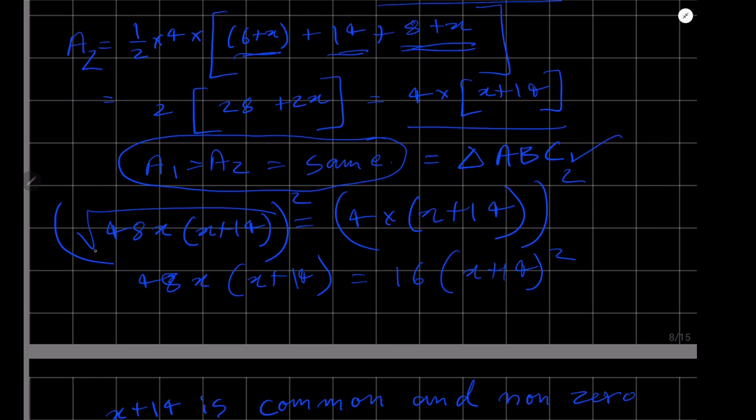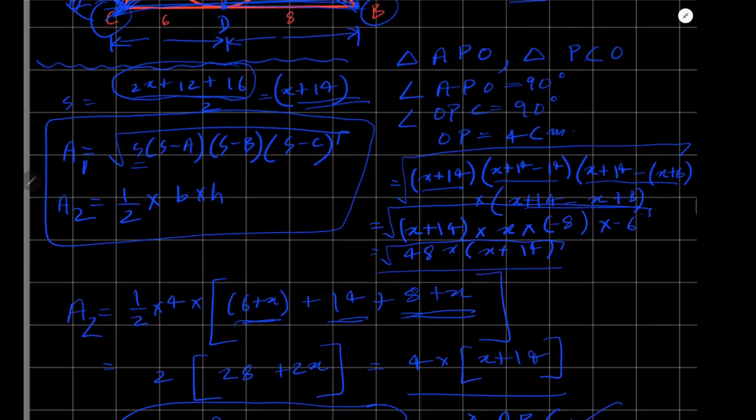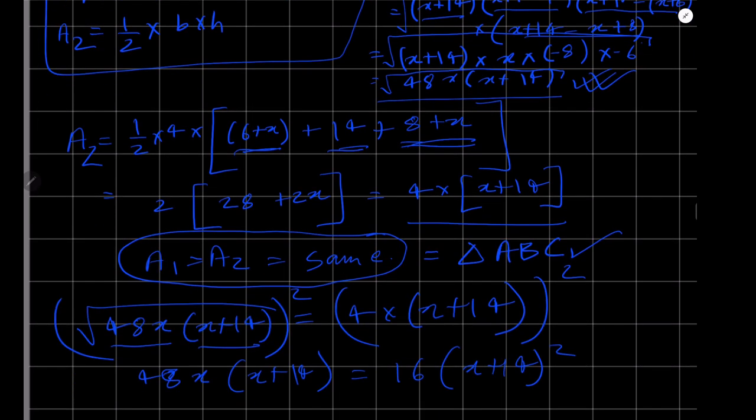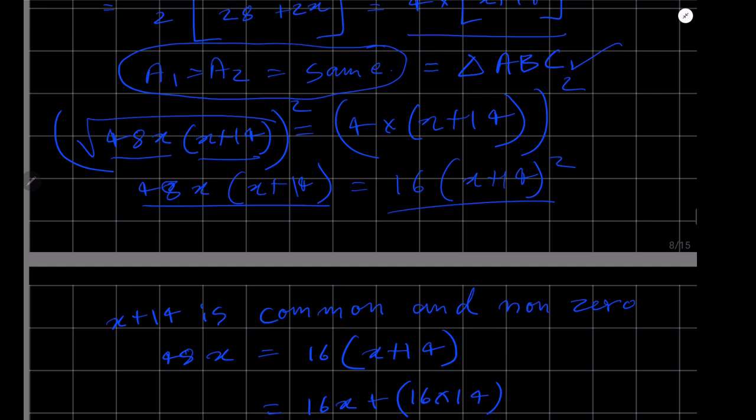So let us equate it. So square root of 48x times x plus 14, which we got by using this formula, and then that should be equal to 4 times x plus 14. And then let us square it both sides so that it gets simplified here. So after squaring, we get 48x times x plus 14 is equal to 16 times x plus 14 whole square.